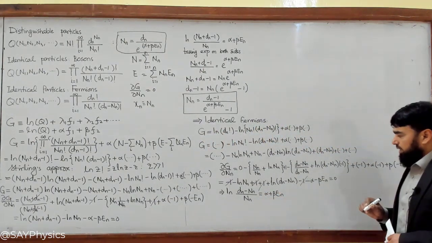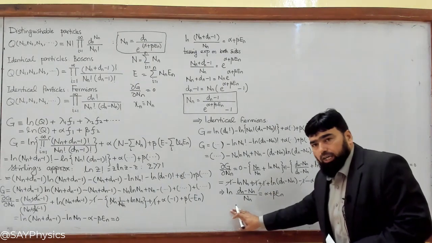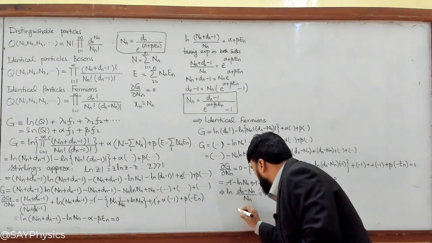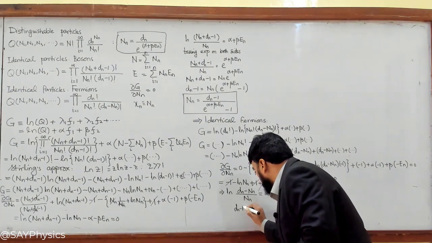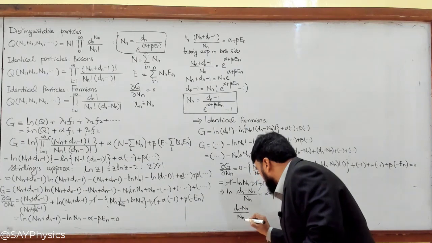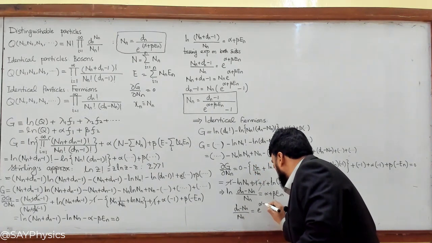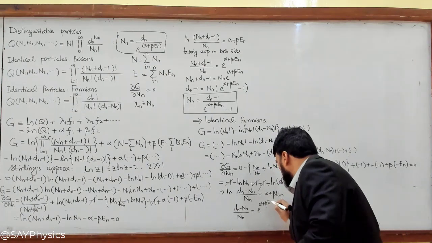Right? Now taking again the exponential on both sides, so this will come out to be dn minus nn divided by nn equal to e to the power alpha plus beta en.